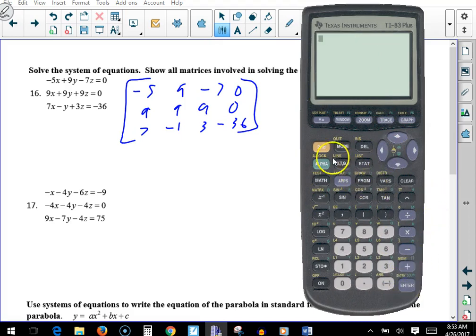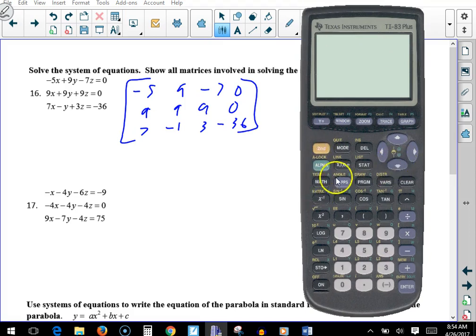So you've got to make sure when you're in matrix, after you've entered it in, you got your nice little matrix there, you must do second quit to clear your screen. Then you come back into matrix, you go over to math, again up or down, it's a little bit faster going up, RREF, and then all you're doing is telling it which one to look in.